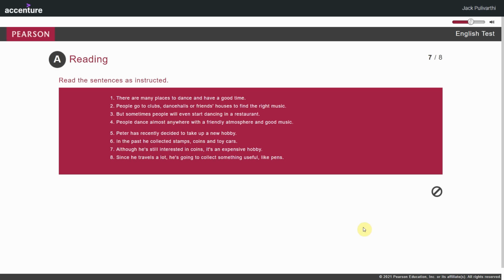Now read sentence 7. Now read sentence 8.